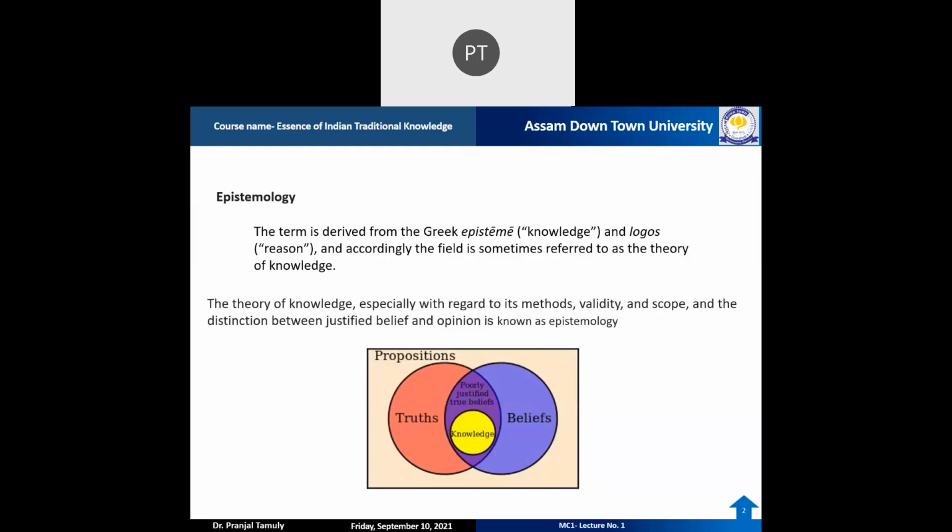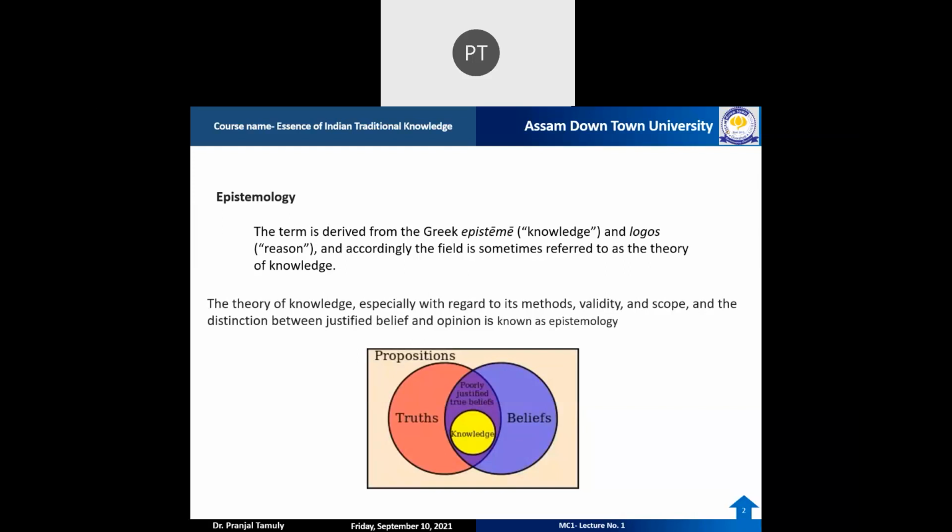If you see this Venn diagram, the blue one is belief, the red one is truth. The intersection of truth and belief is what we call knowledge. For example, somebody believes that art is wrong, and somebody else believes that art is fair. But how can you know which one is knowledge?